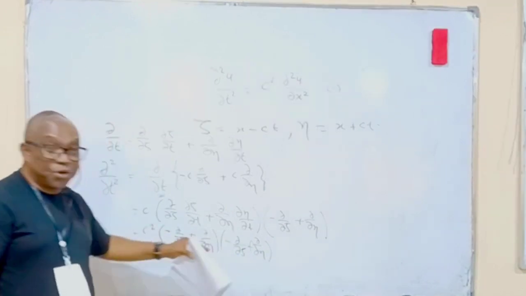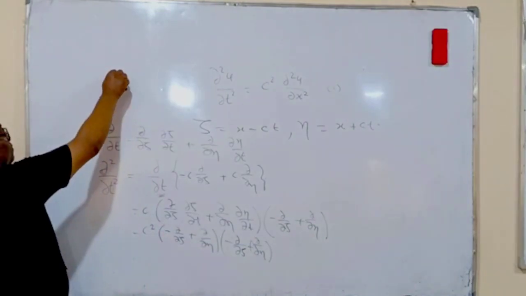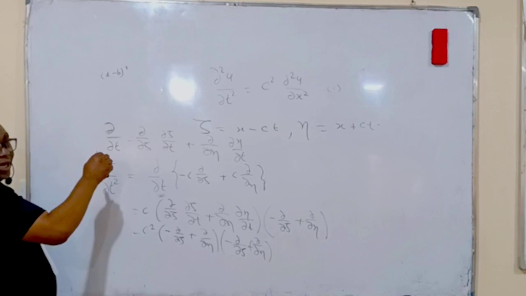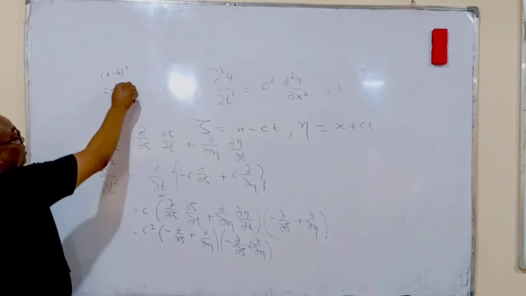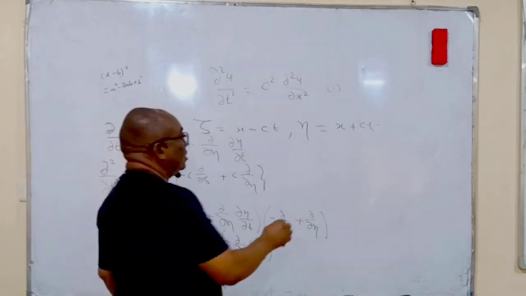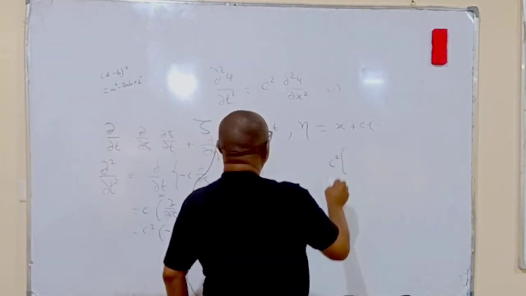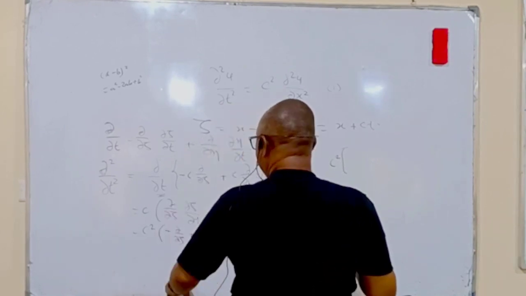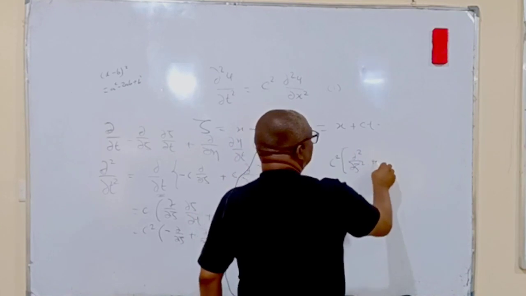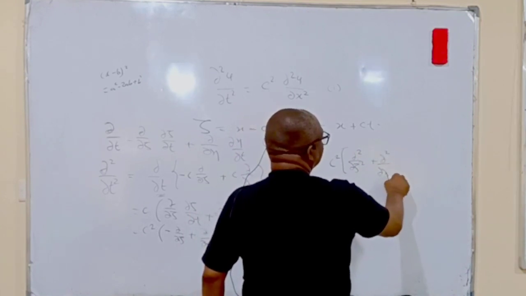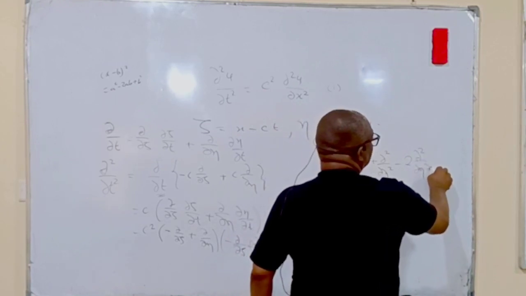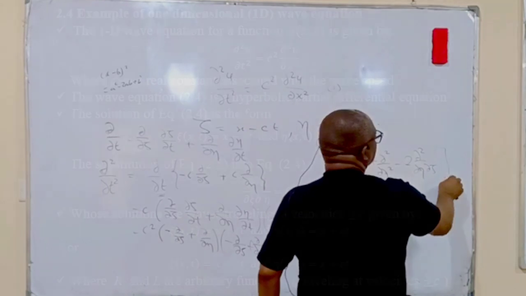Just like when you have a minus b all squared, that gives you a squared minus 2ab plus b squared. So we're going to have that as c squared into partial 2 by partial this squared plus partial 2 by partial theta squared minus 2 partial 2 by partial theta partial this. That is exactly what I will get.